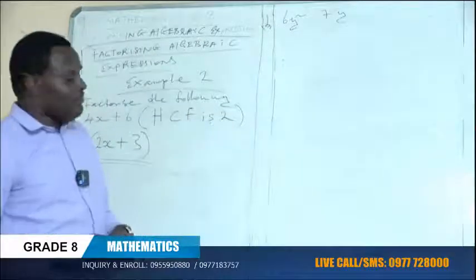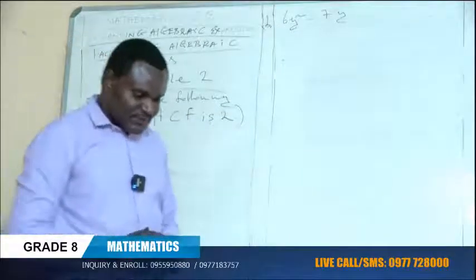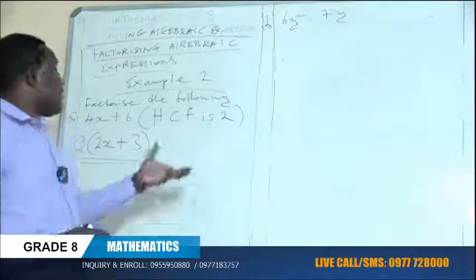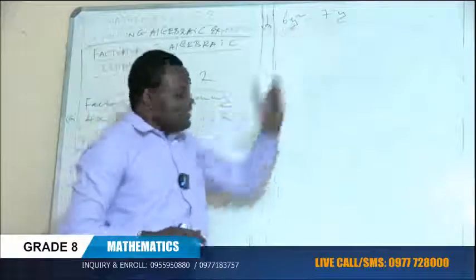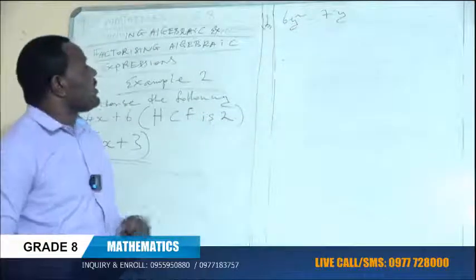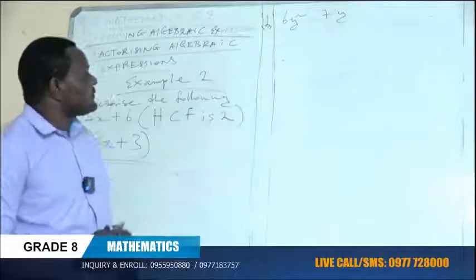What we have done in the first place, we still apply even in the second expression that we have: 6y squared minus 7y.